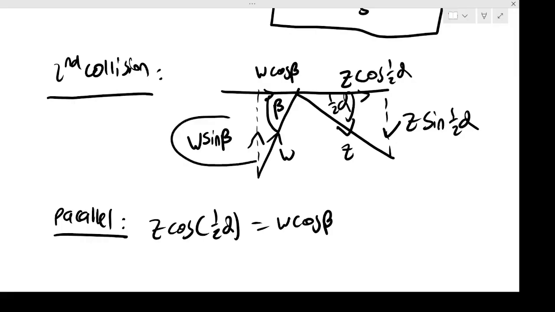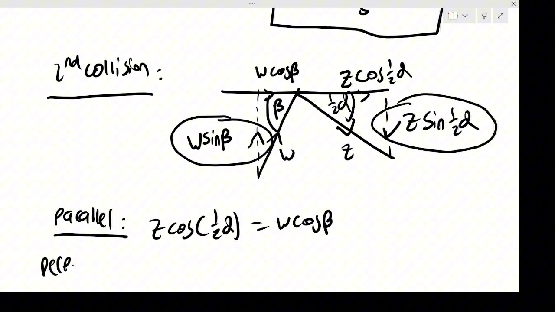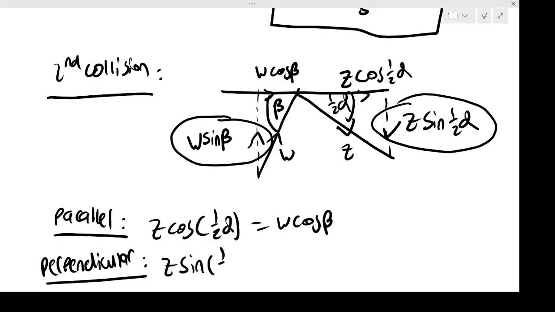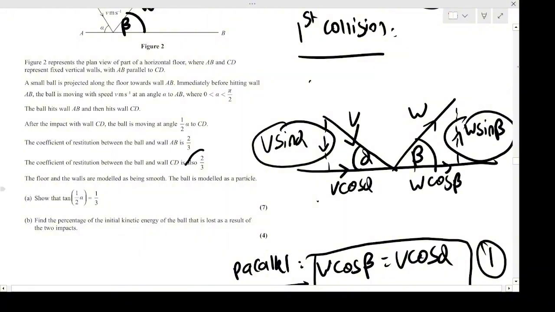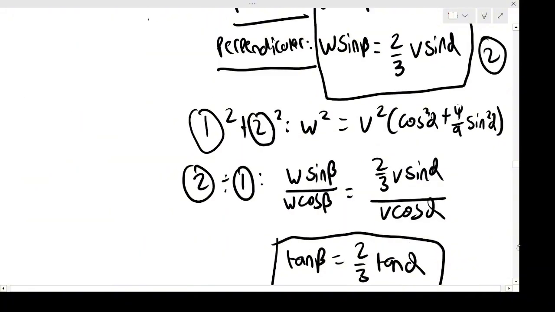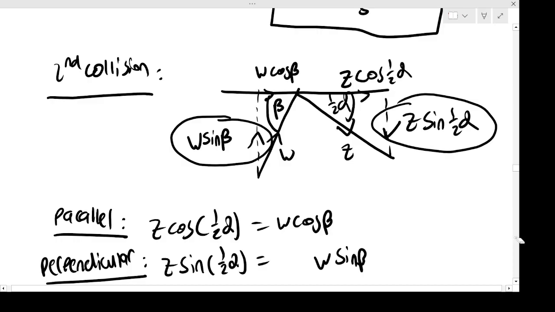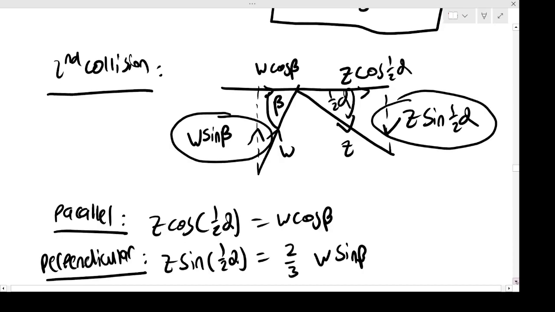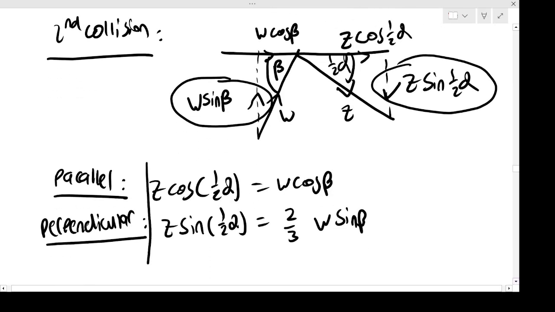And then the perpendicular equation with the perpendicular components: Z sine of a half alpha is going to be E lots of W sine beta. We know what E is here, the coefficient of restitution. We're told the second wall is also 2/3. So I'm going to sub 2/3 in here. These are my two equations.